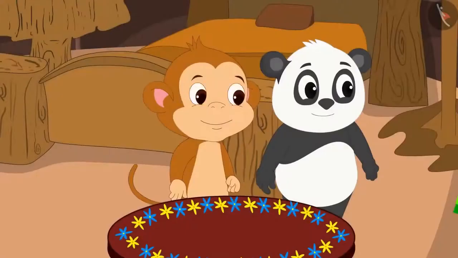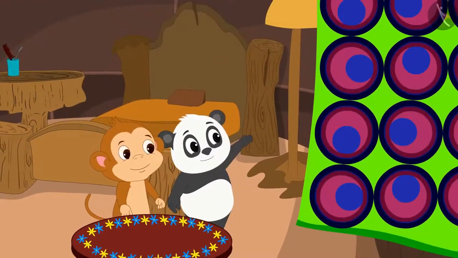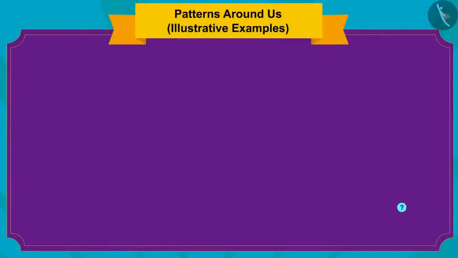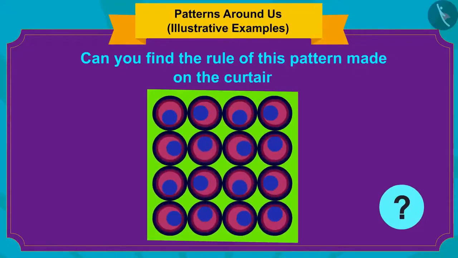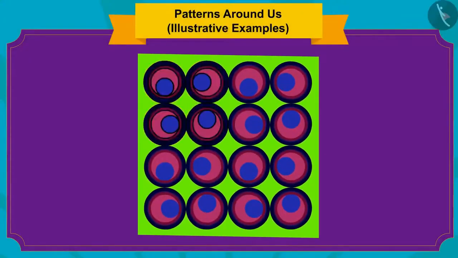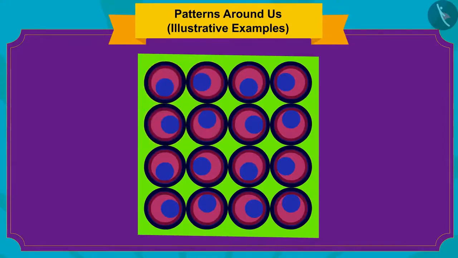Golu and Babban also saw a unique pattern on the curtain of Golu's house. Can you find the rule of this pattern made on the curtain? If you want, you can stop the video and find the answer. Well done, kids! Your answer is absolutely correct.